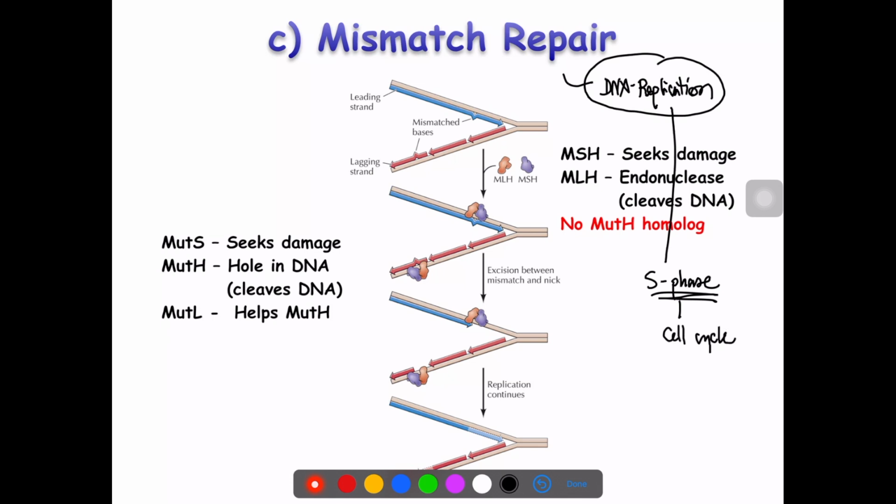And just as a quick reminder, the cell cycle basically starts with mitosis. It's followed by the G1 stage, followed by the S phase, which is where DNA replication takes place. This is then followed by another gap stage, gap 2, and that's followed then by mitosis.